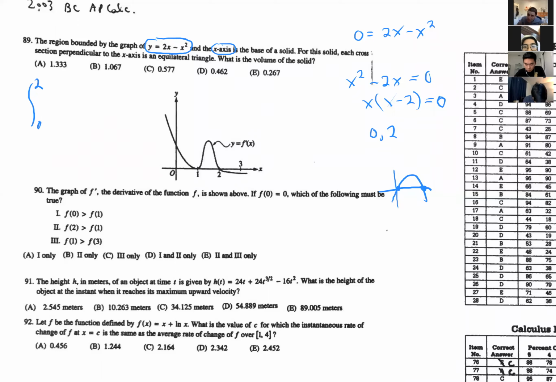I don't know how I'm going to draw that here, but you have to imagine this is coming off the screen. These are equilateral triangles, so the formula for an equilateral triangle is s squared radical 3 over 4.